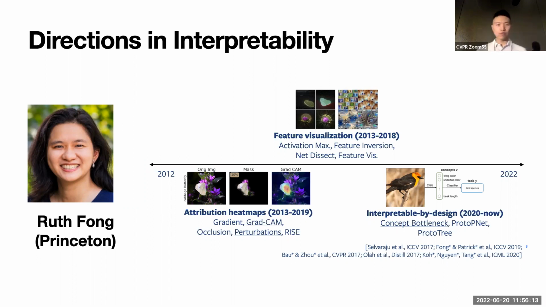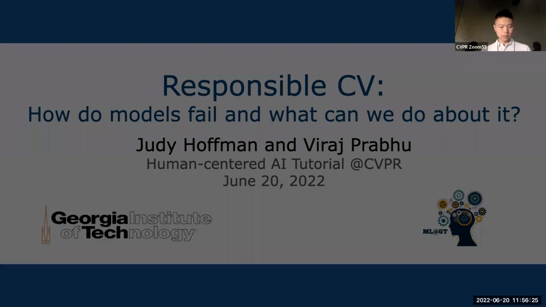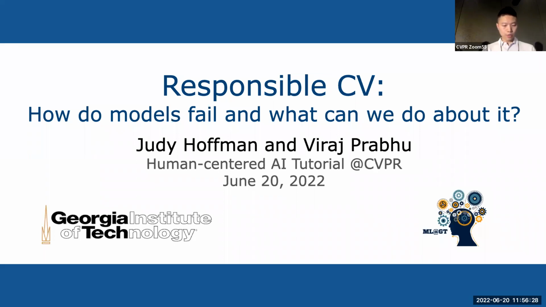Okay, so without further ado, let's invite our first speaker, Professor Judy Hoffman. Let me briefly introduce Professor Hoffman. She is an assistant professor in the School of Interactive Computing at Georgia Tech, and a member of the Machine Learning Center. Her interests include computer vision, machine learning, domain adaptation, robustness, and fairness.